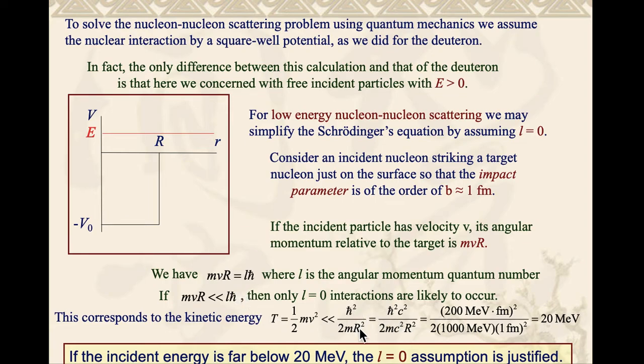So half mv square, multiplying by m, is h cross square by m square.